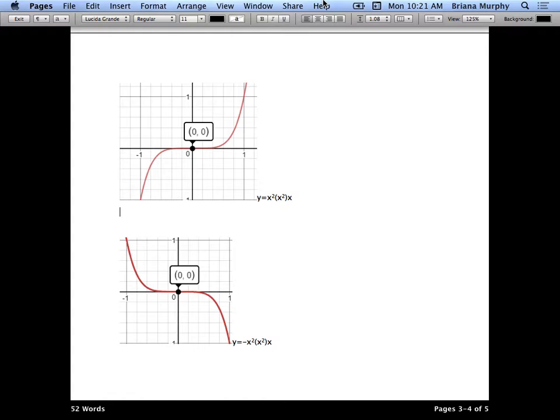We had roots, a quadratic had 2, a cubic had 3, a quartic had 4, right?